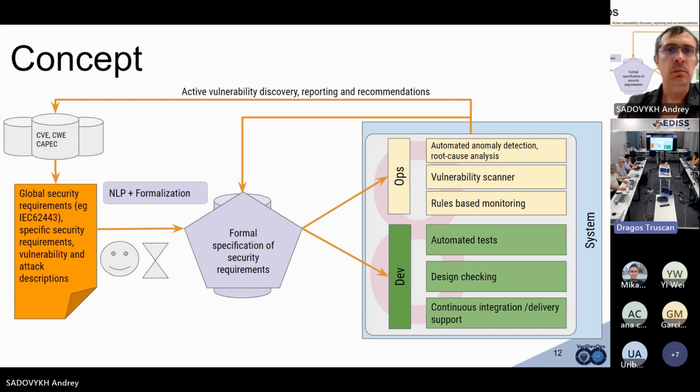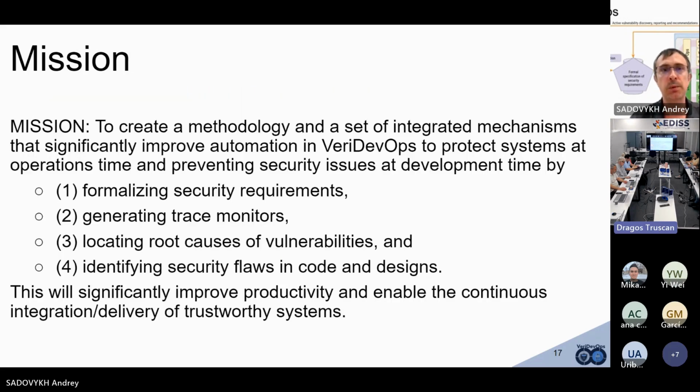So our project addresses all these aspects, and what we want is to build a framework. We investigate a lot of new and novel methods for formalizing security requirements, generating specific trace monitors that address safety and security, root cause analysis, locating security flaws in the code and designs, and generating test cases that address all of that in specific settings.